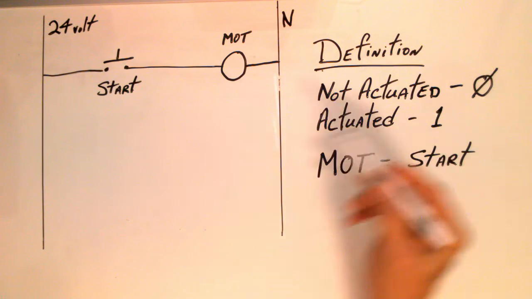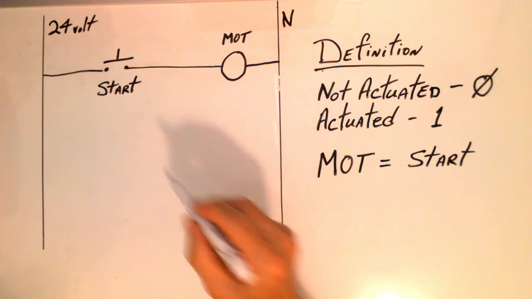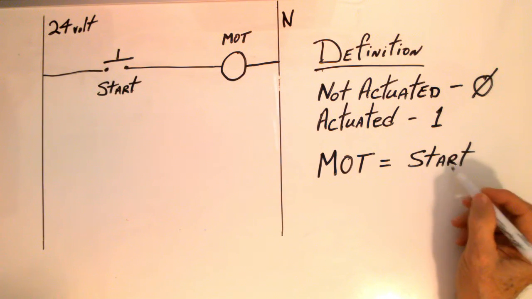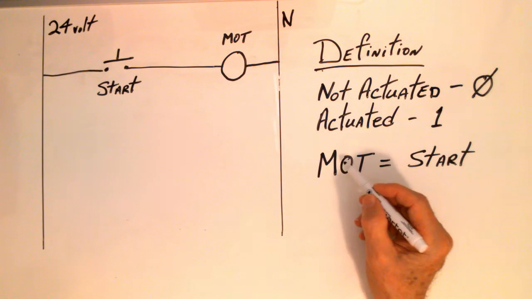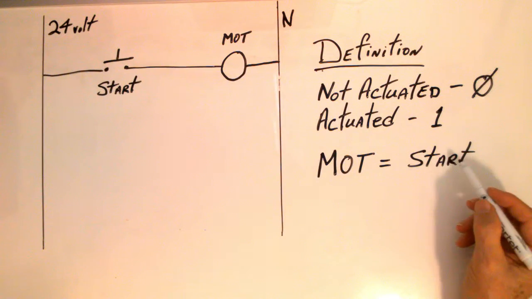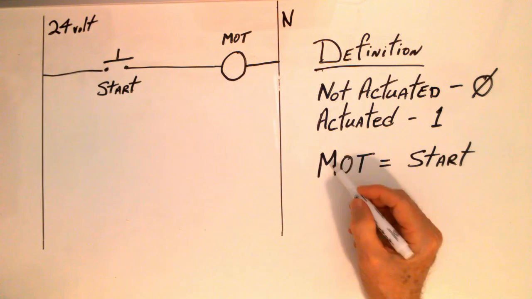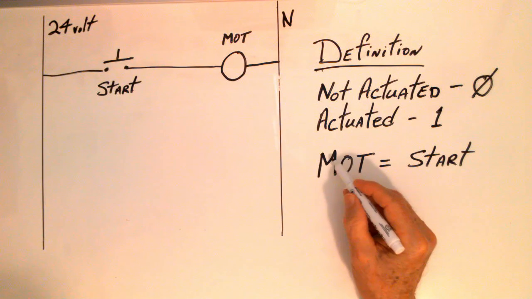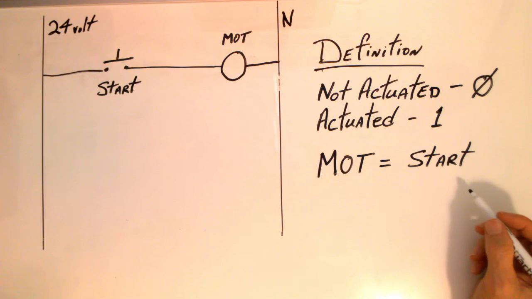If we do push this button and apply 24 volts to the coil, then in this case, the start button is actuated, therefore the MOT coil is actuated. If the binary start is equal to a 1, then the binary value or state of coil MOT is a 1.